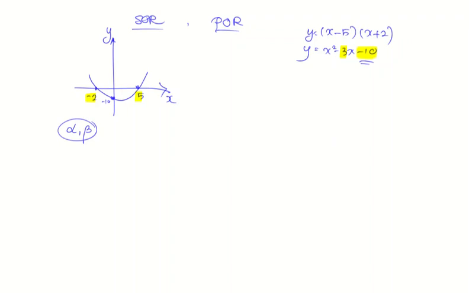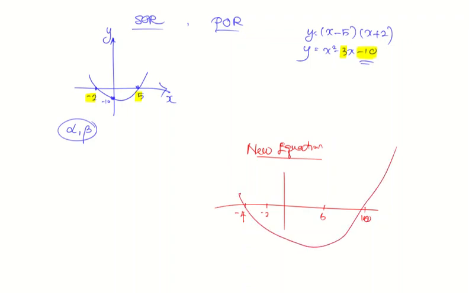So if I want to form a new equation, double the root. Double means what? From negative 2, double becomes negative 4. 5 doubled becomes 10. So what do you see? What we see here is the graph is fatter. The graph is fatter.